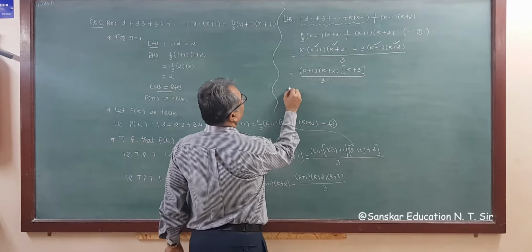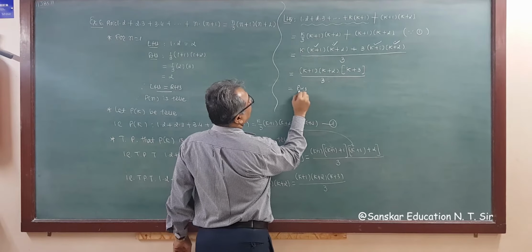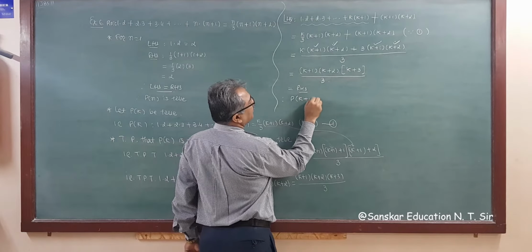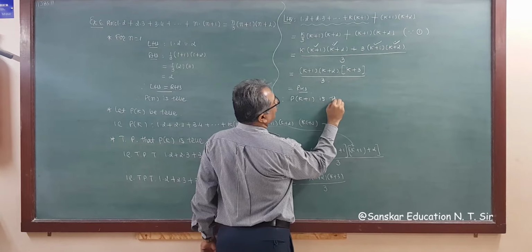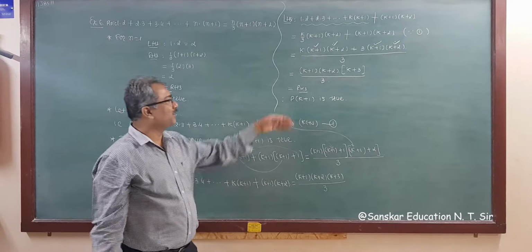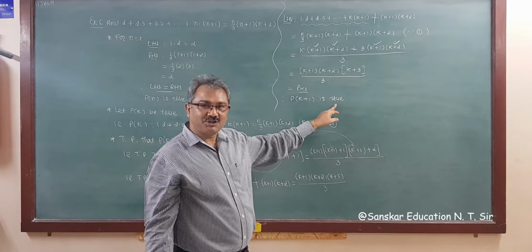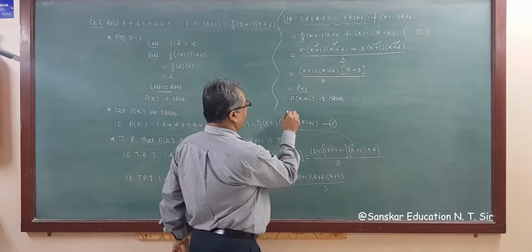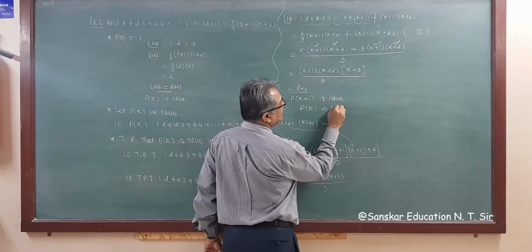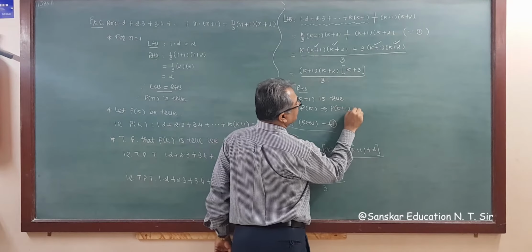So this is your left hand side and this is your right hand side, that is, P k plus 1 is true. You know you have to write 4 steps. So therefore this step is Pk implies P k plus 1 is true.